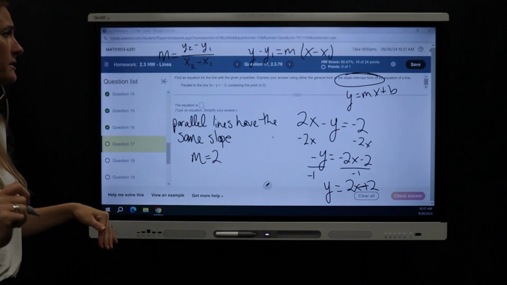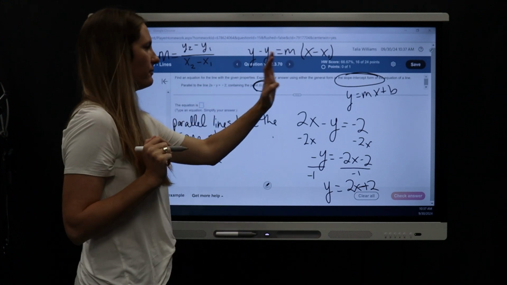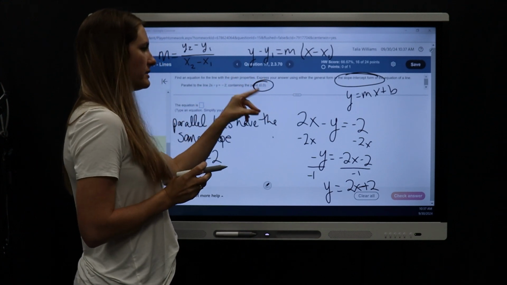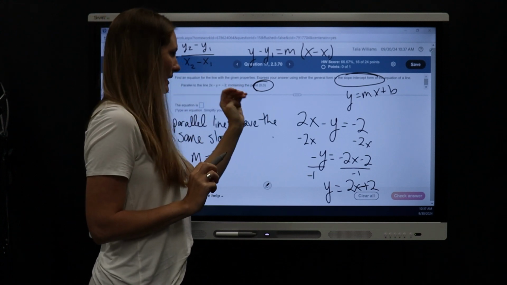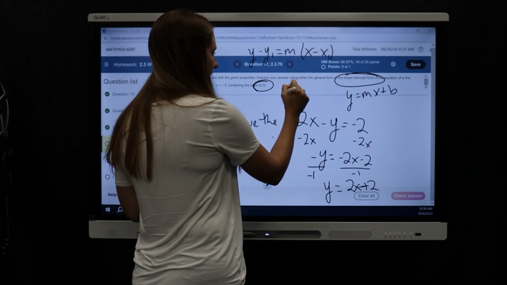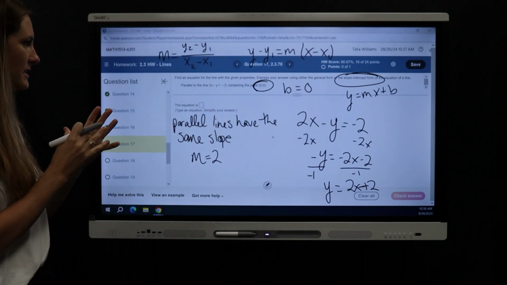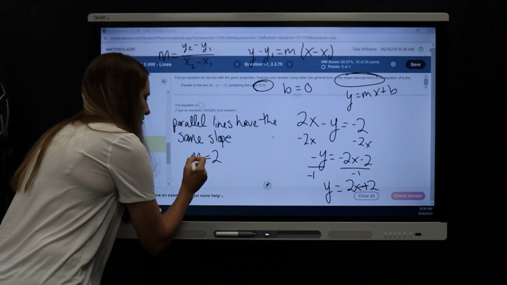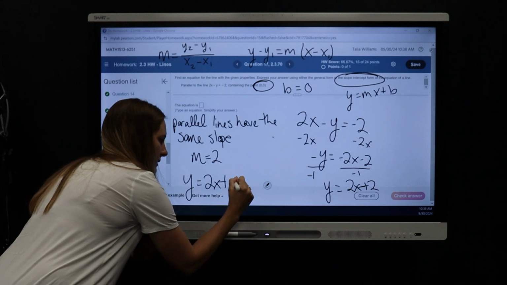Now the point they told us is 0, 0. So if I'm doing slope-intercept form, since this is 0, 0, the intercept for y is 0. So this tells me that b equals 0. So when I write this into slope-intercept form, our slope is 2, and our y-intercept is 0.